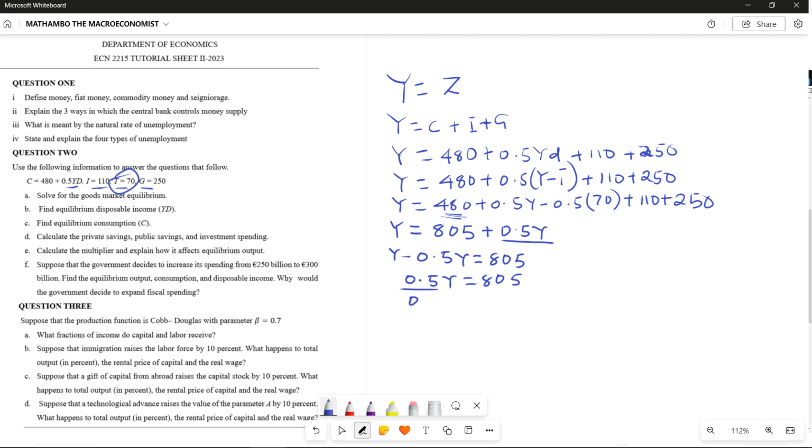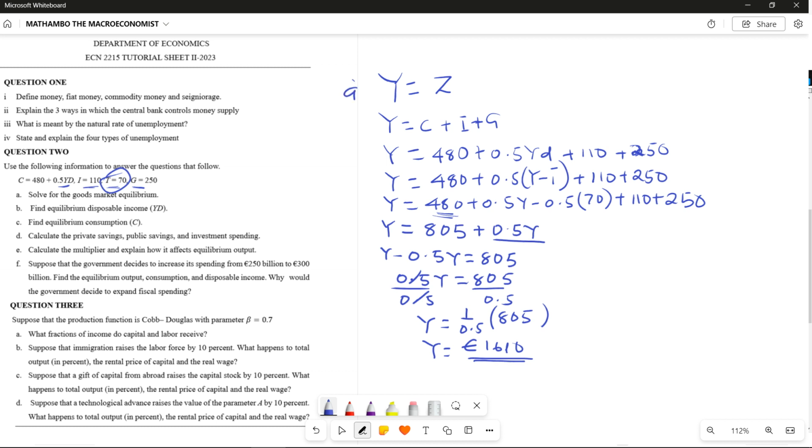Therefore, dividing both sides by 0.5, Y is equal to 1 over 0.5 multiplied by 805, which means that our equilibrium level of output Y is 1610 euros. This is the goods market equilibrium. So that's for part A.